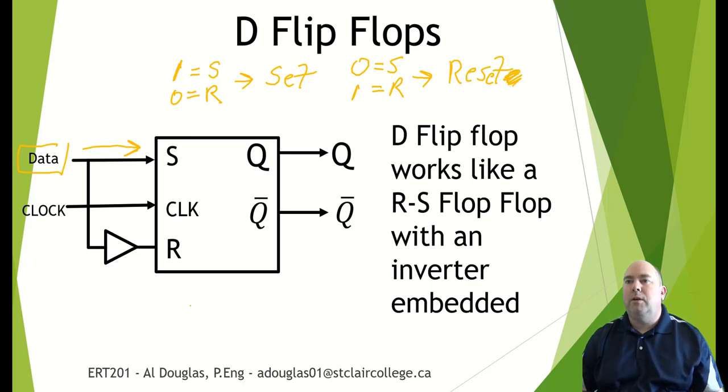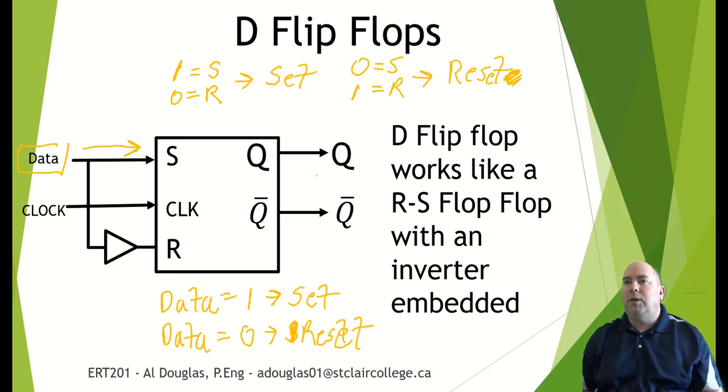And basically what we're saying here now is that data equals 1 means that's going to be a set. Data equals 0 is going to be reset. So it's basically doing the same function as the clocked RS flip-flop, but only with one incoming data line instead of having to use two switches for R and S, because R and S should always work opposite to each other.